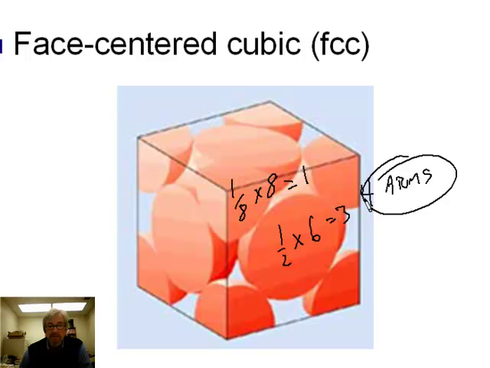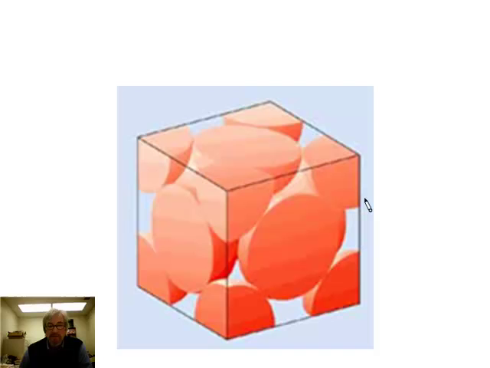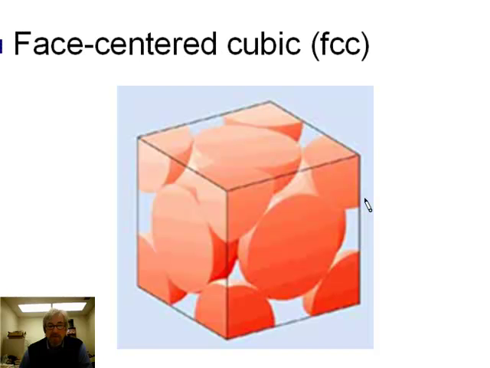I'm going to clear this out again and talk about geometry. Here's a side or edge length S. Here's another edge length S. In a face-centered cubic, the atoms touch each other across the diagonal. So I'm drawing a diagonal across here, center of an atom here, center of an atom here, center of an atom here. So across this diagonal is one radius, another radius, another radius, and another radius.